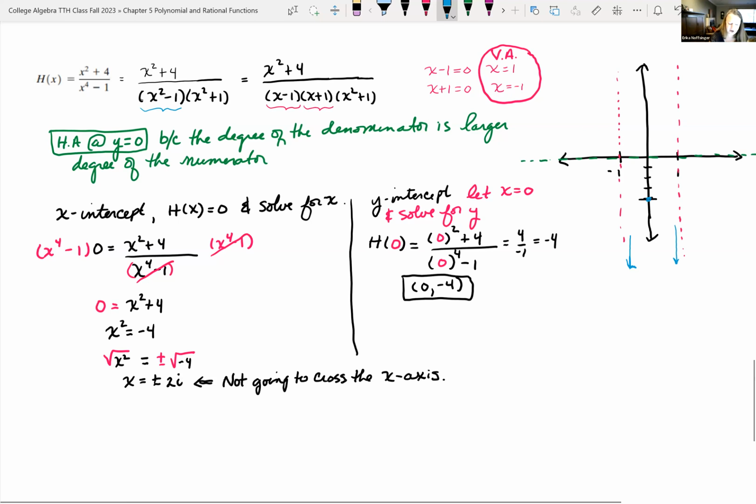So I know that it's some sort of shape in here. It might not be a parabola shape. It might extend above and then come back down. I'm not exactly sure, and without techniques and tools from calculus or a graphing utility, I wouldn't know that. I could get a little bit better of an estimate by plotting a couple points in between -1 and 1, other than x equals 0. But for now, I have a general shape of what's going on in there.